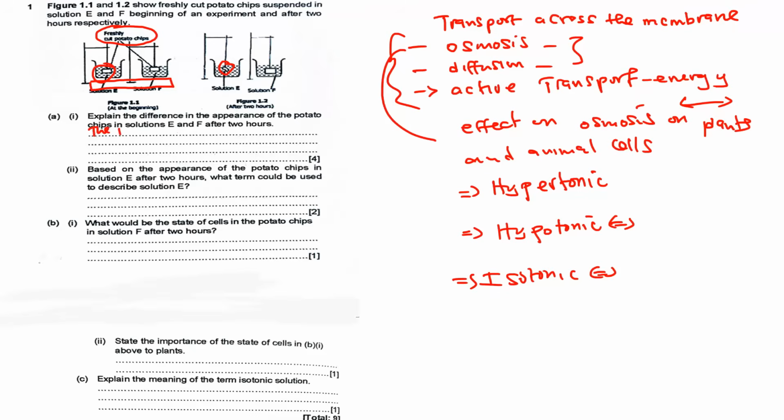So we can say the potato chip in solution E reduced in size due to loss of water by osmosis, whereas the potato chip in solution F increased in size due to osmotic gain of water.